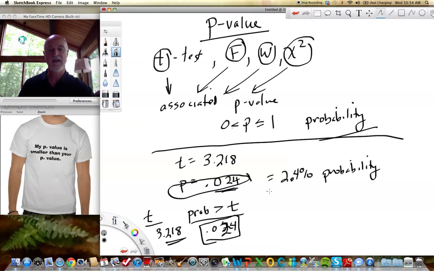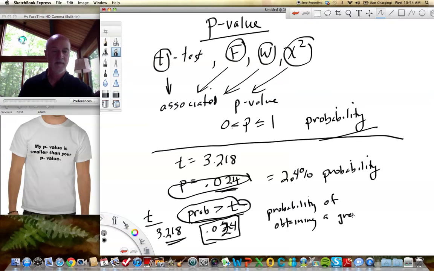And the way you read that is the probability of obtaining a greater t than the one we obtained. So it's actually referring to this particular t value.